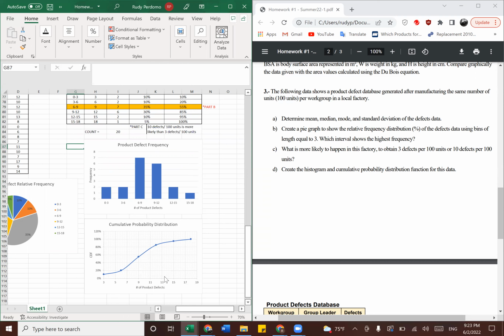As you add more, like if you increase the amount of product defects here, you see that there's a higher probability of anything of 13 and below, 13 product defects and below, occurring. So at 12, there is an 85% chance that 12 or less product defects occur. And that's what the cumulative probability distribution function tells you pretty much.